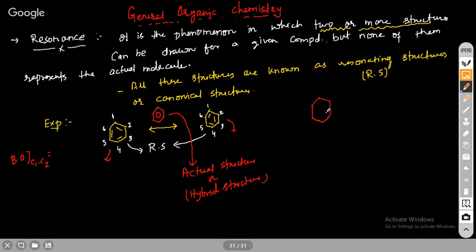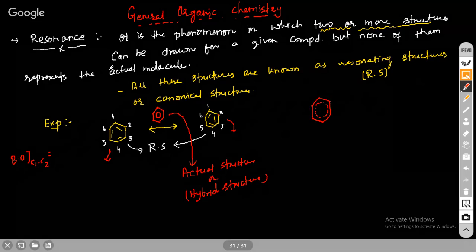Through resonance, these 6 pi electrons are delocalized over the entire molecule and continuously move around it. We have an electron cloud which continuously moves over this cyclic structure, and this movement of the electrons is nothing but resonance.